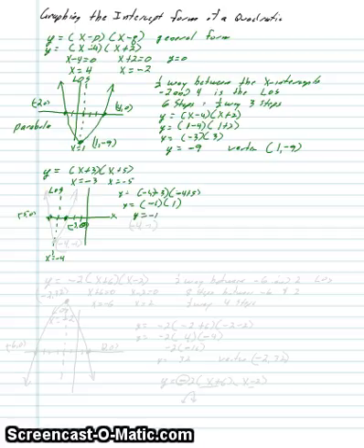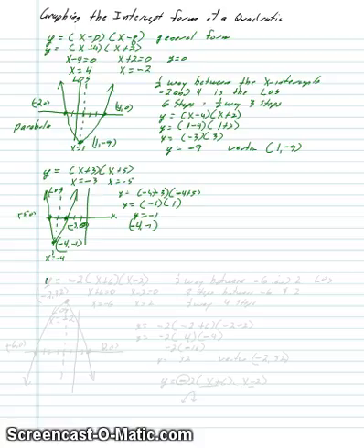So my vertex is at negative 4, negative 1. So I go down here to negative 4, negative 1. There's the vertex. Draw the parabola through those 3 points, and I have graphed using the intercept form.